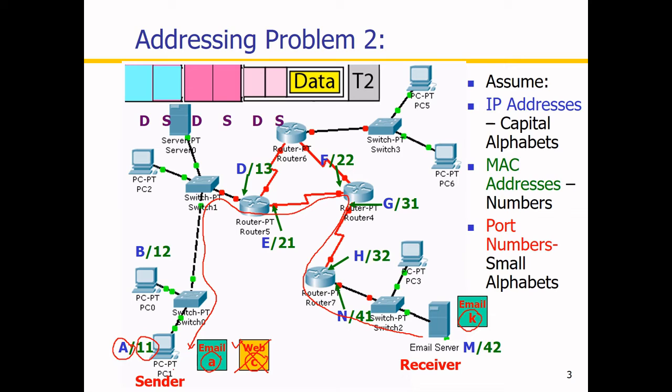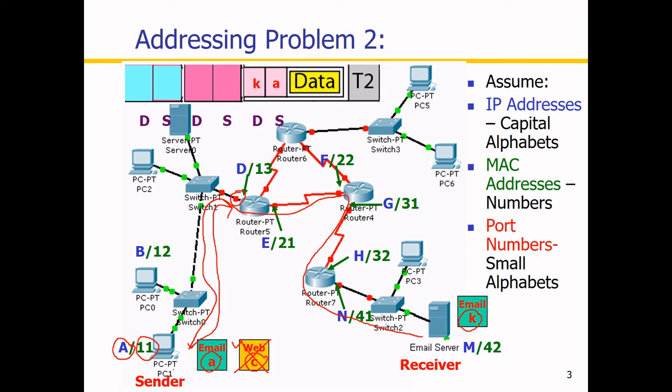The first jump is going to be from PC1 to this router interface, right? It's going to go from PC1 to the D interface of router 5. So the sender process is A because we are dealing with email, and the destination process is going to be K. Once again, this is never going to change, since you are doing email.